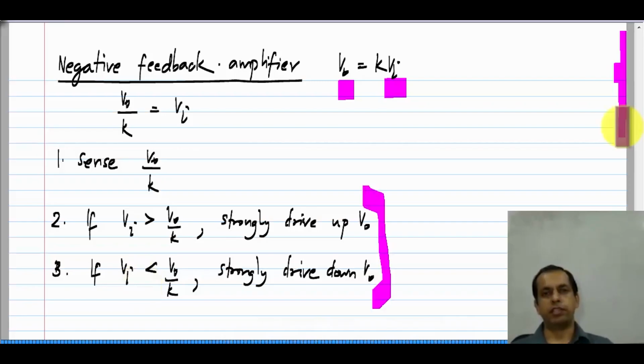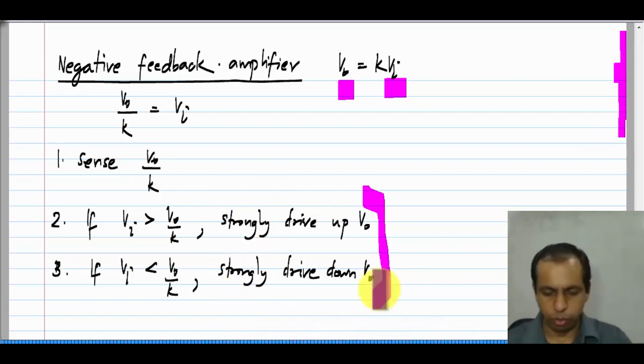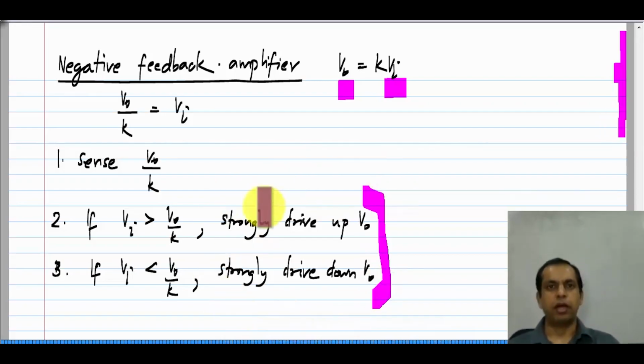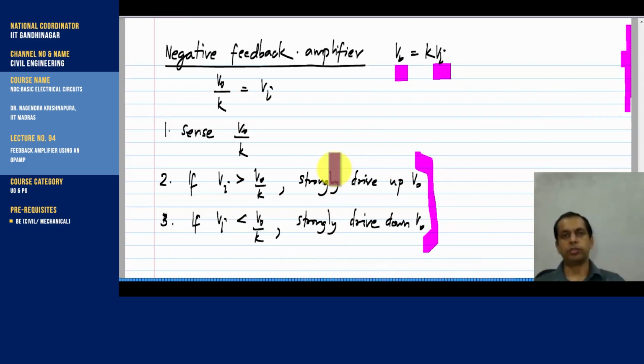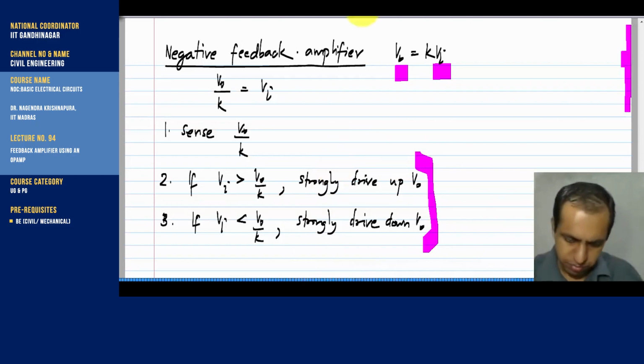Earlier I described the op amp as something that strongly drives the output positively if V d is greater than 0 and negatively if V d is less than 0. Now, you see that it essentially accomplishes what we are looking for over here. So, an op amp, which is a voltage controlled voltage source with a very high gain, can be used to realize this amplifier. So, how do I do that?